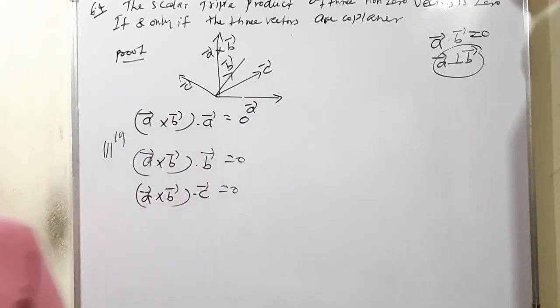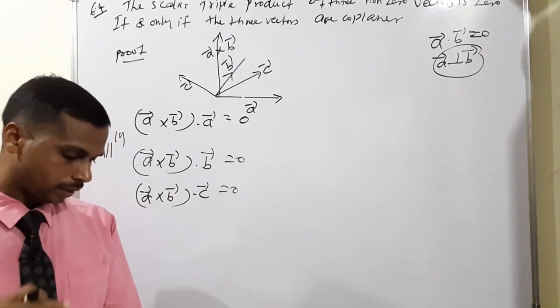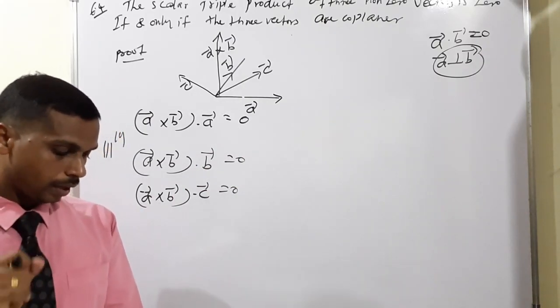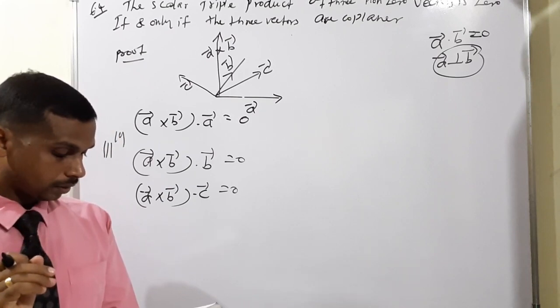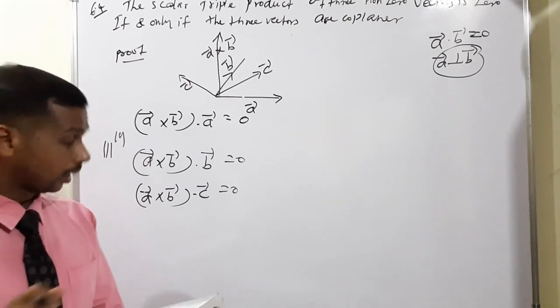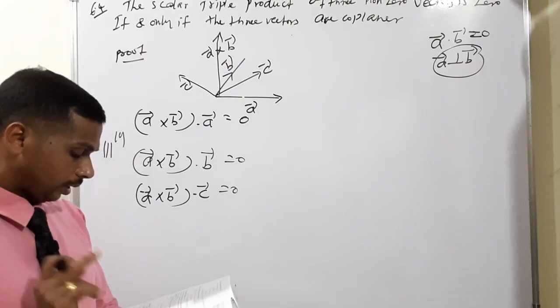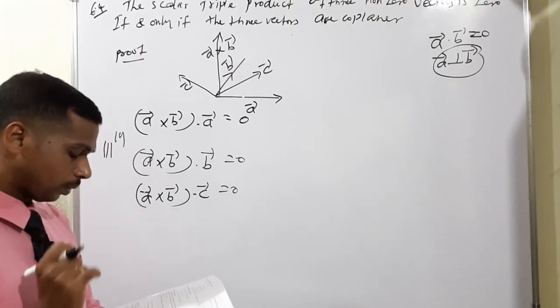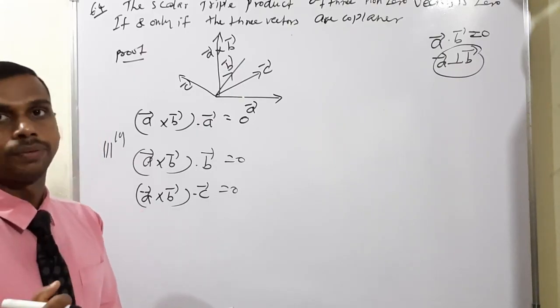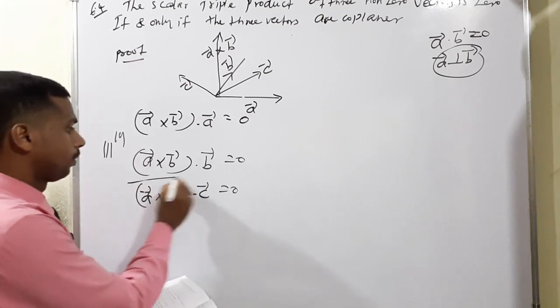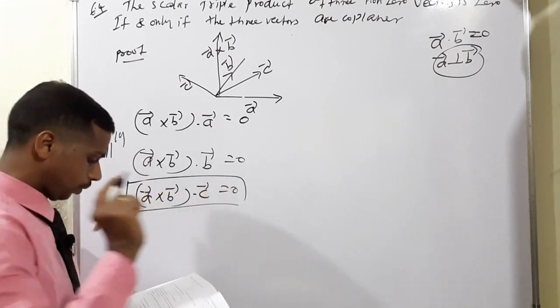In your book, they have clearly given the three points. First point: A vector, B vector, C vector, three non-zero vectors. Then the dot product equal to 0 means C is perpendicular to A vector cross B. That's the last line they have given in your book.